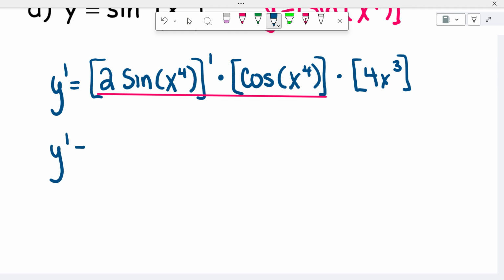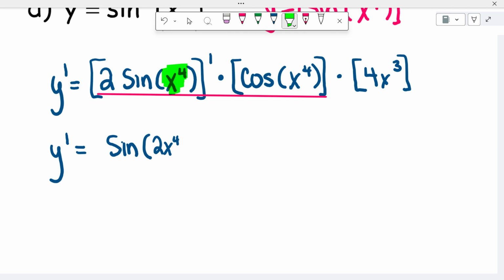So y prime equals, so this is going to be sine what? Right, 2x to the 4. So remember, all you do, guys, is replace whatever's in the angle position, that gets multiplied by the 2, because it's 2x in the original, right? So that is now replaced with the x.